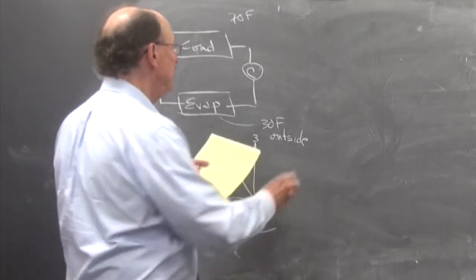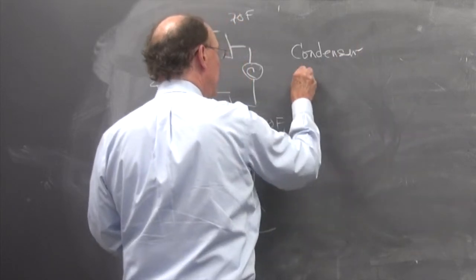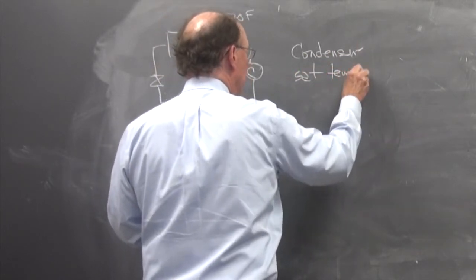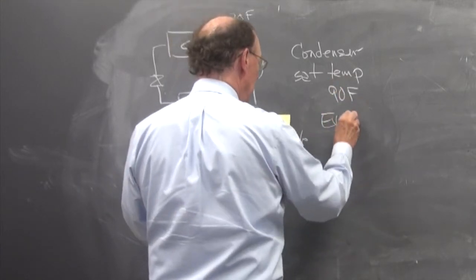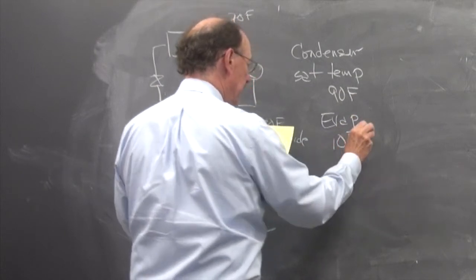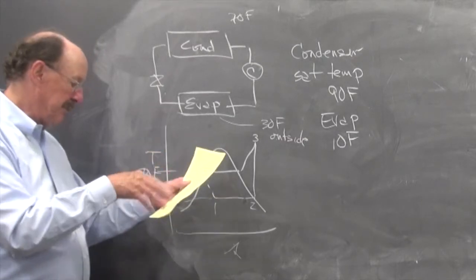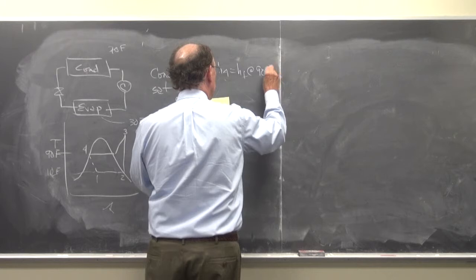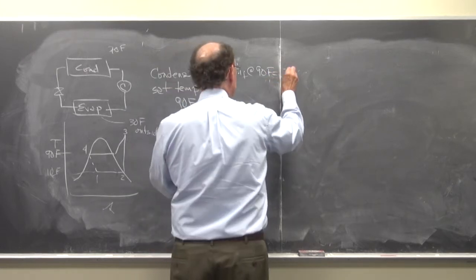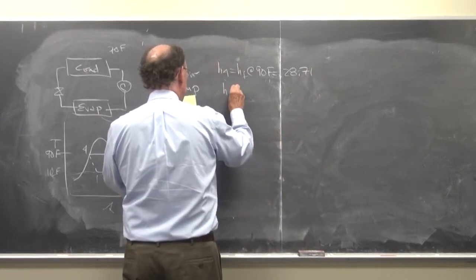So we have a condenser saturation temperature of 90 degrees Fahrenheit, and the evaporator is 10 degrees Fahrenheit. That establishes our states, and then I'll go through and look up the enthalpies and do the calculations. H4 is equal to H sub F at 90 degrees Fahrenheit, which is 28.71. H1 is equal to H4.